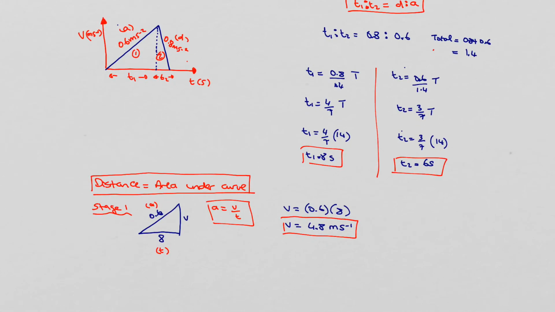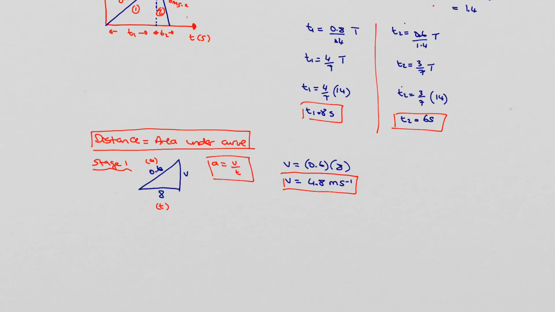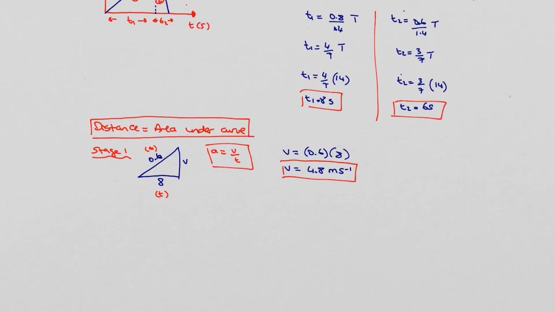Perfect. So now, my total time taken was 14 seconds. So if I just draw an overall triangle, and I have my perpendicular height, well, we've just worked that out to be 4.8. And my base was the total time, which is 14.